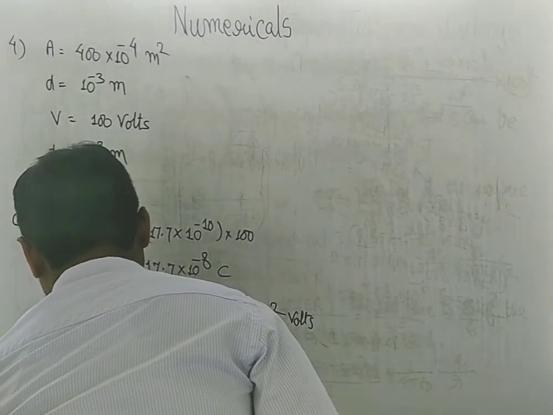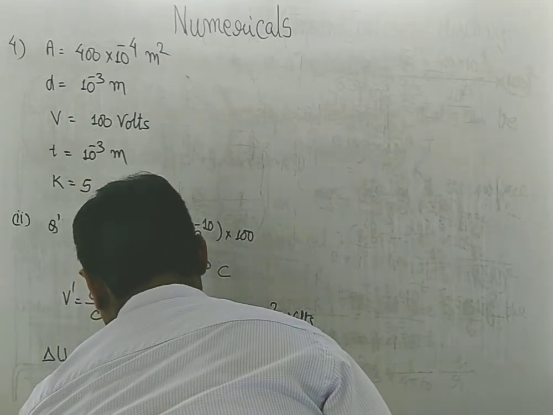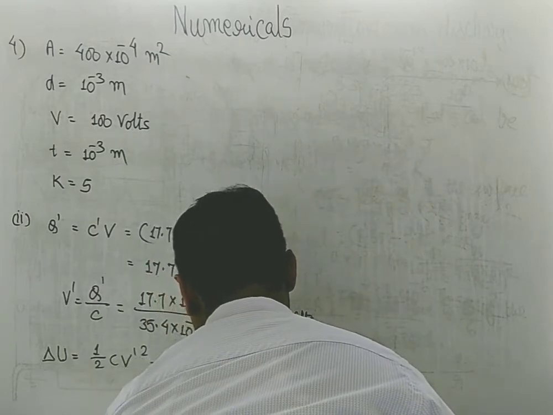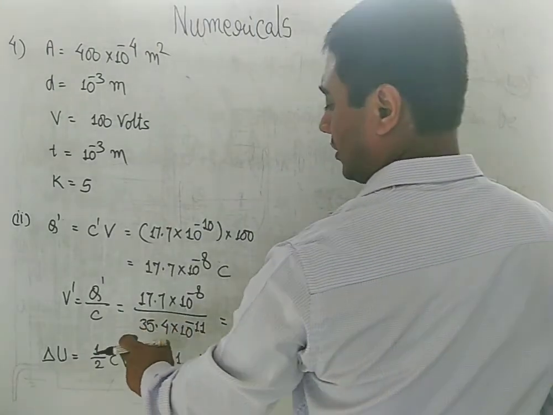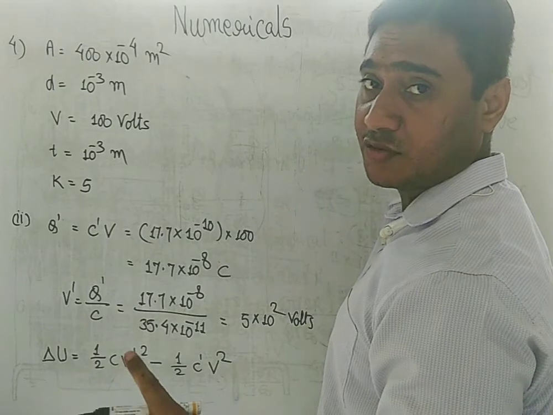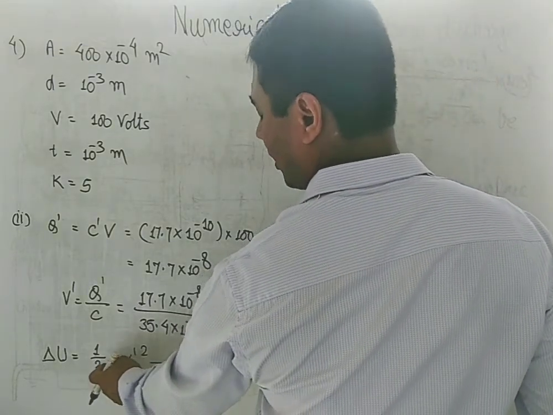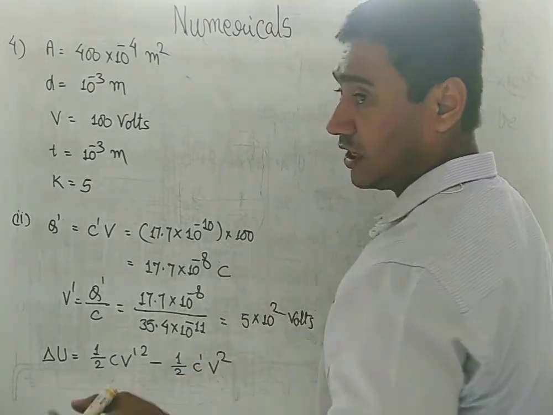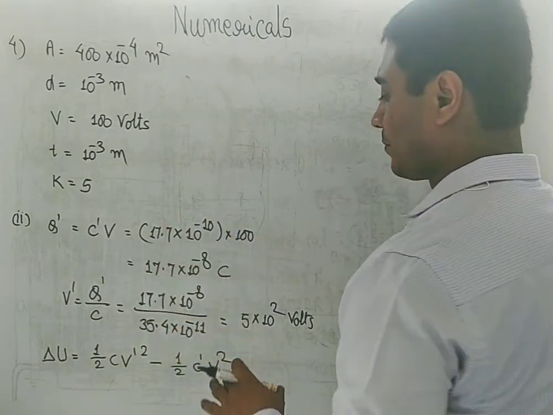Now let's find the change in electrostatic energy. It is half C V dash square minus half C dash V square. This is the energy when the supply has been removed and the dielectric has also been removed, and this is the energy when the dielectric was there and it was connected with the supply.